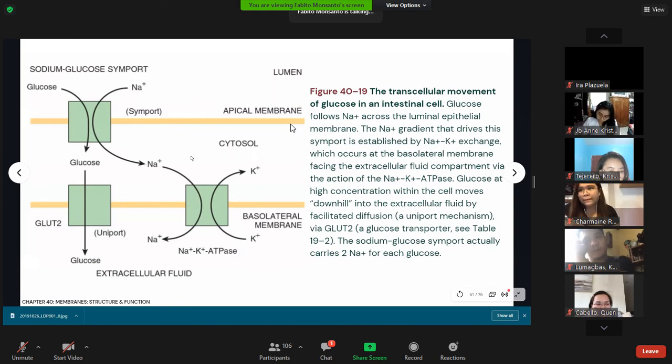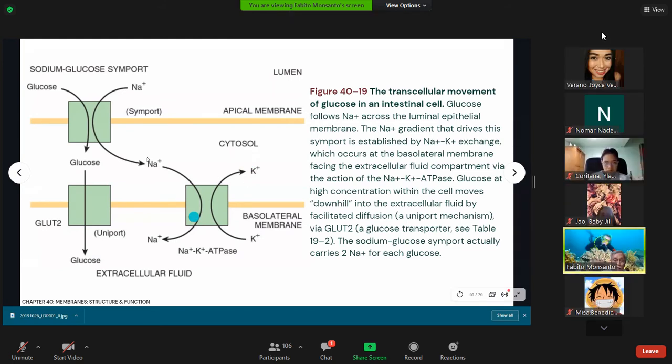Okay, so these two are dependent upon this sodium potassium pump. Dependent, because as you can see, this one requires sodium together with glucose to come in.